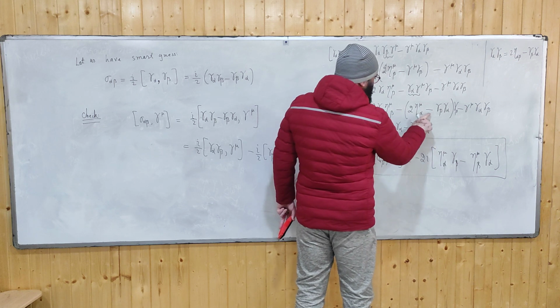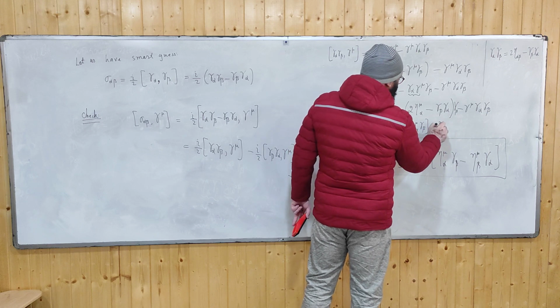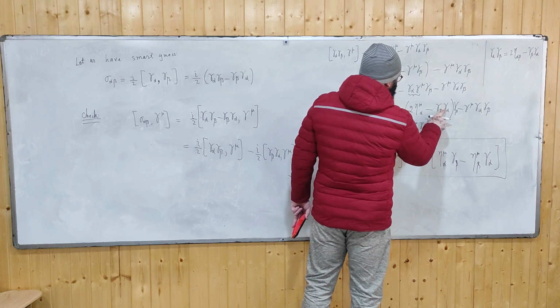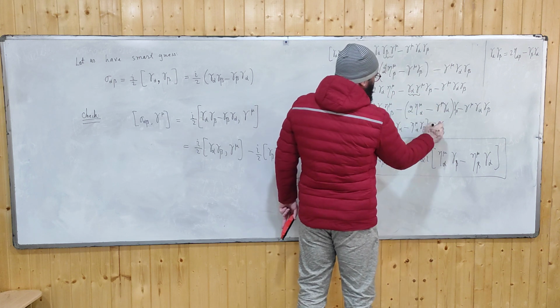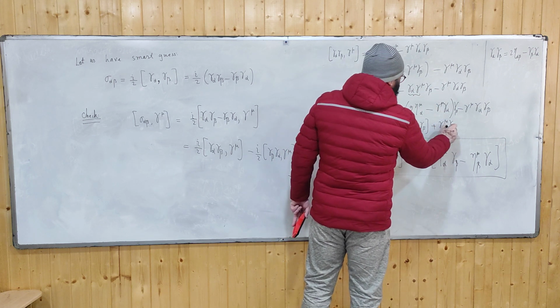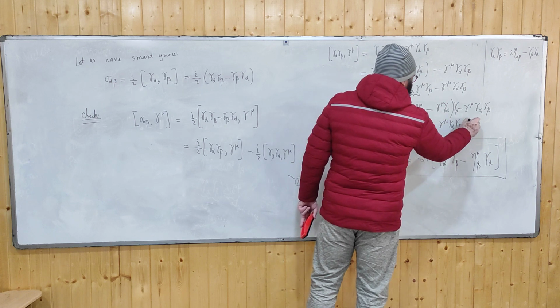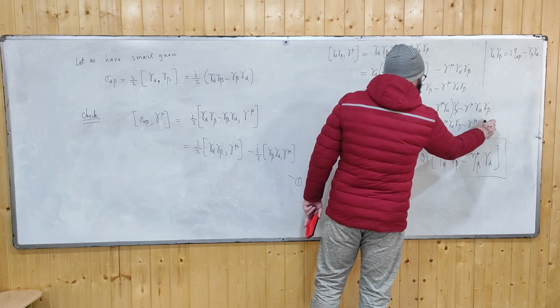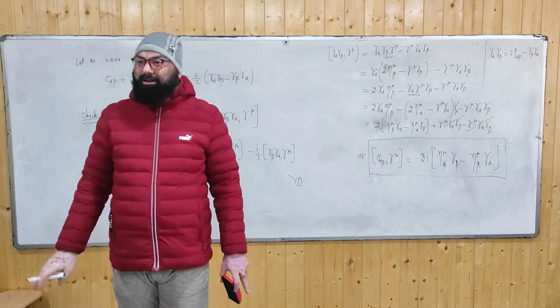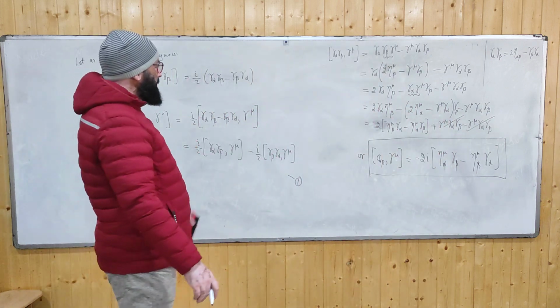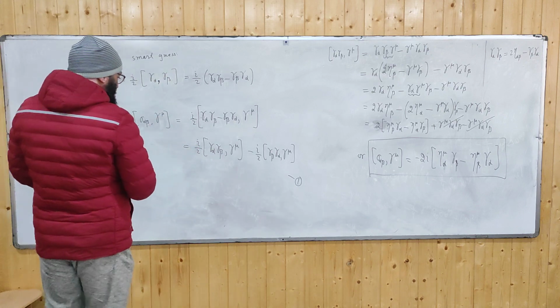Clear? So minus and minus is plus, gamma mu gamma alpha gamma beta minus gamma mu gamma alpha gamma beta, and this cancels. Got it?